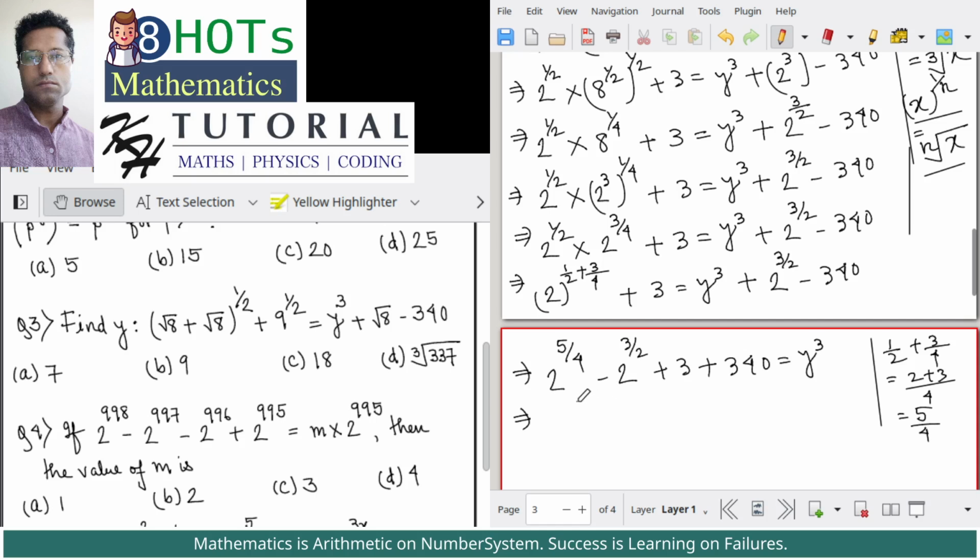Let's see, which one is bigger, 5 by 4 or 3 by 2? 3 by 2 is bigger, so it will be negative.